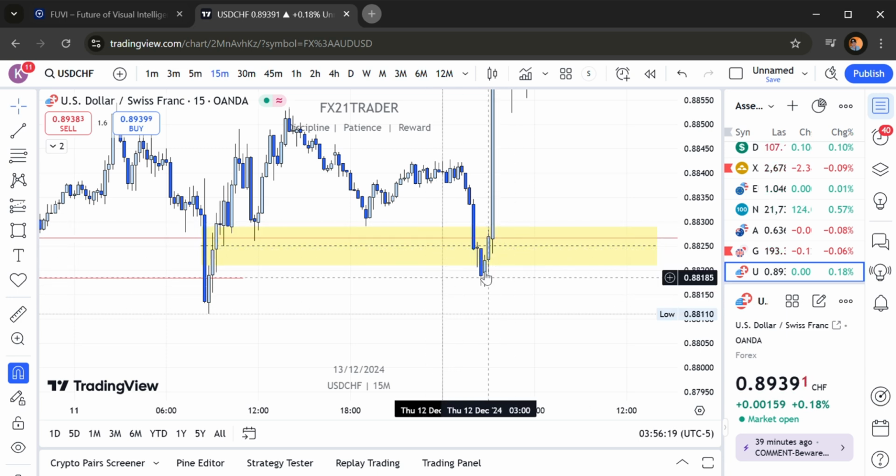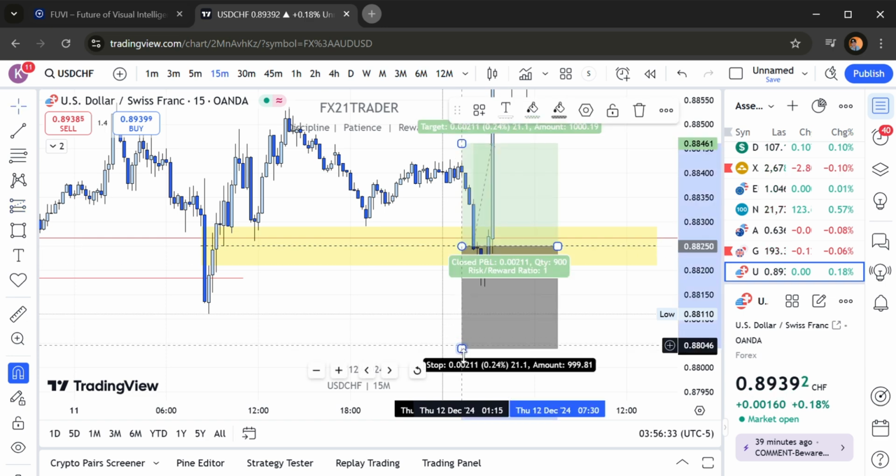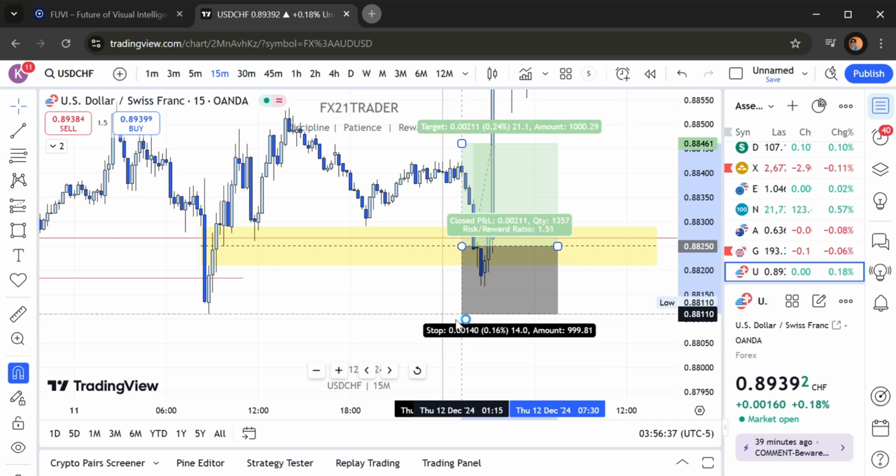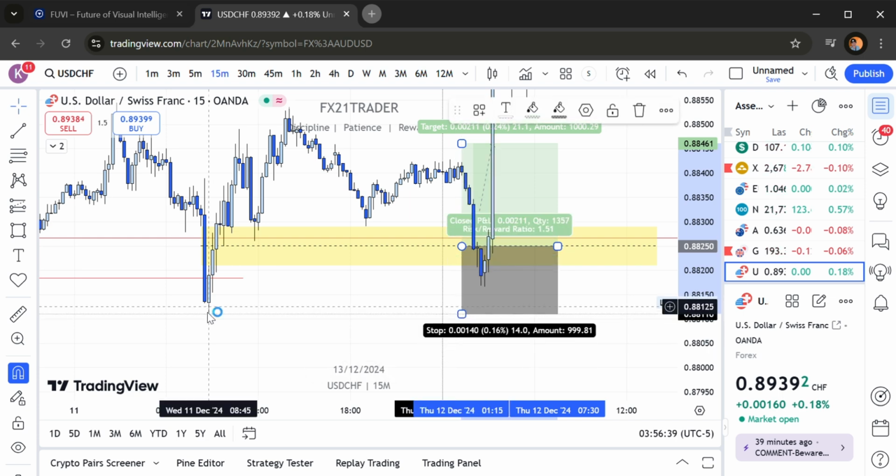In this, you can enter directly right here in the middle of this, at the consequent encroachment, and your stop loss would be below this low, which is Wednesday's low.